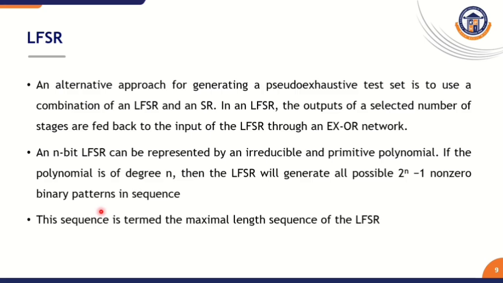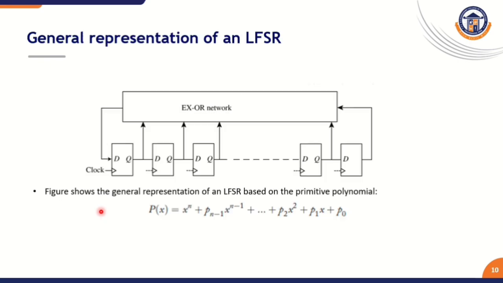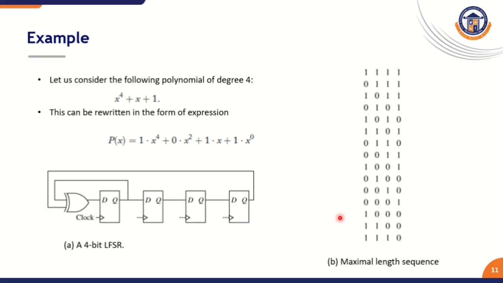This sequence is called the maximum length sequence, which provides excellent randomness properties. The figure shows the general representation of an LFSR based on the primitive polynomial p of x equal to x power n plus p of n minus 1 into x power n minus 1, plus up to p2 x power 2 plus p1 x plus p0.